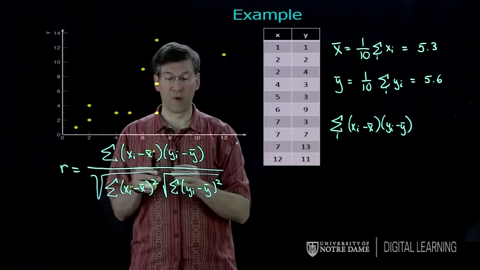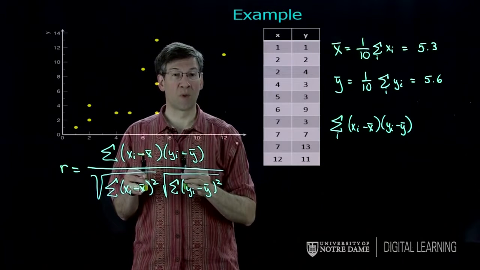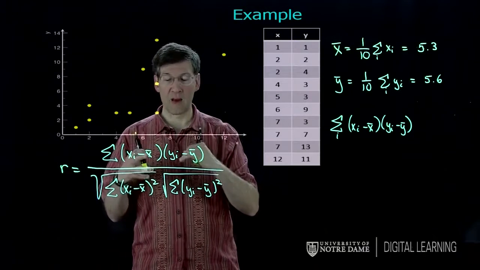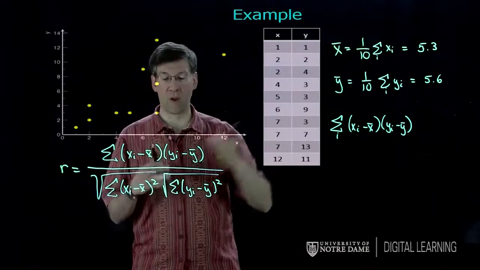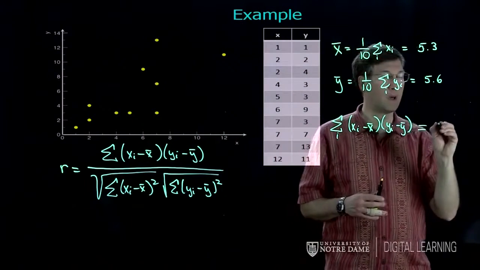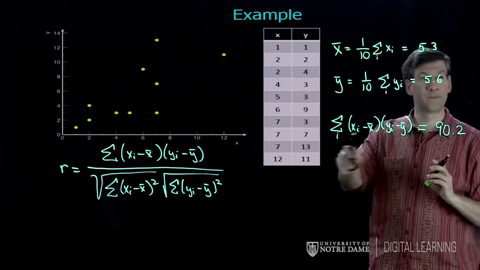So for the top one, I'm going to get something like minus 4.3 times minus 4.6. That's going to be one term in the sum. Then I'm going to compute that for every row of the table and add them all up. So if I do that, I get 90.2 as this sum.